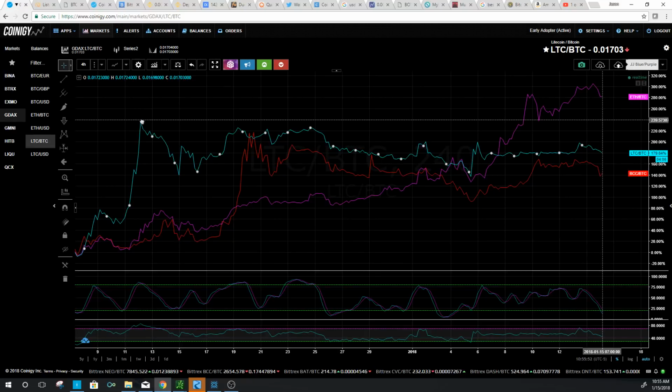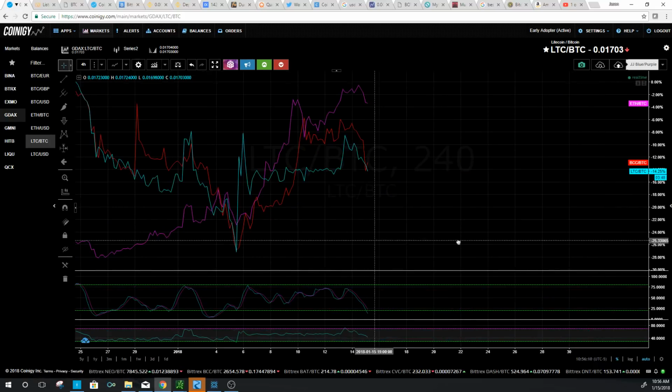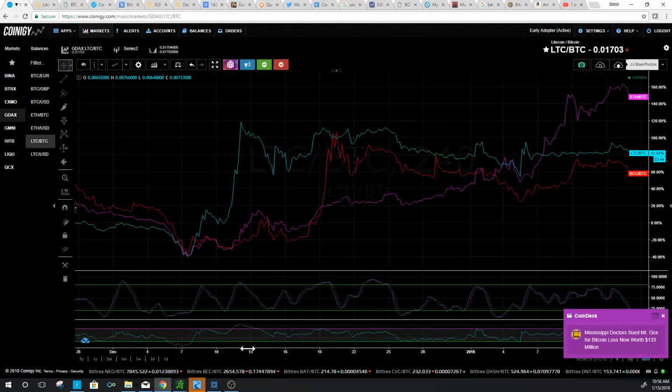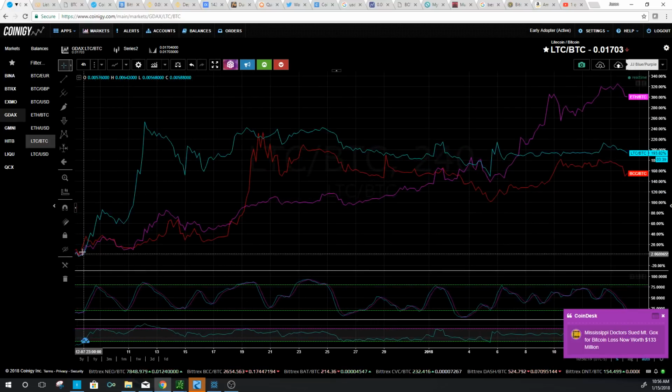So here, I mean, Litecoin went on a 200% move, pricing versus Bitcoin. See, we're about 200 and 300% move since the beginning of December.